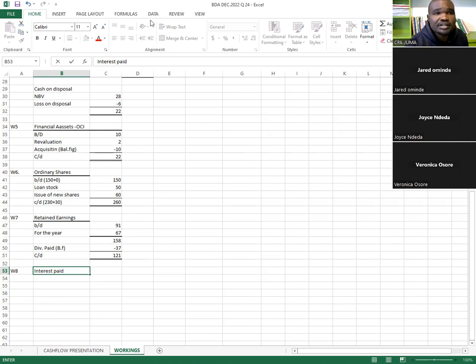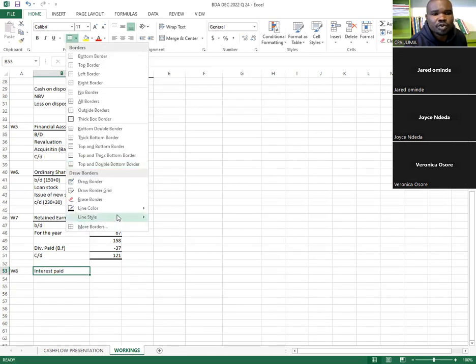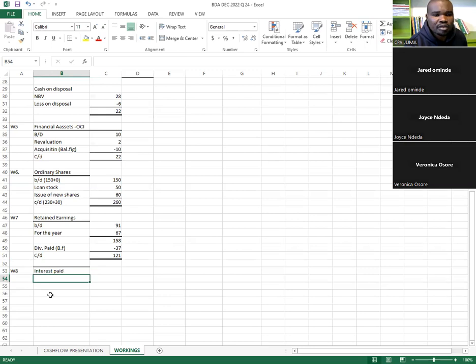How will my students be able to get the interest paid? Very simple. The way we did taxation is the way you are supposed to work it out. You come here and say brought down, how much was payable at the start? Interest payable was 3.